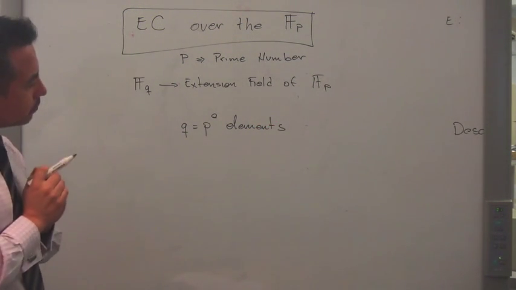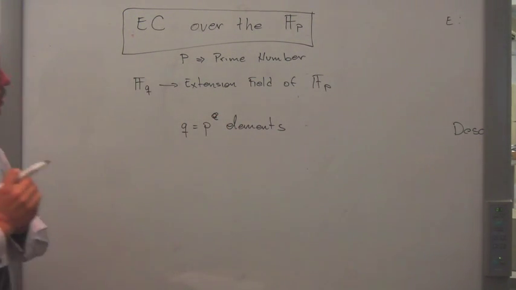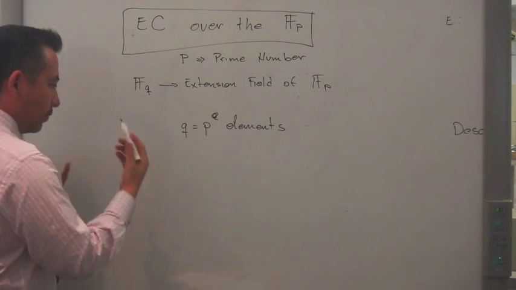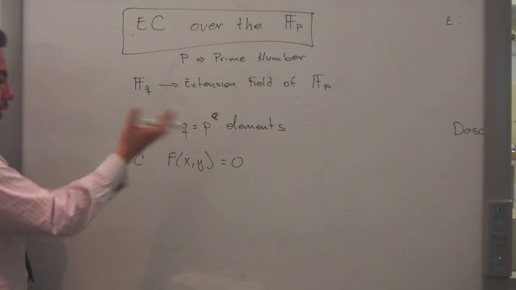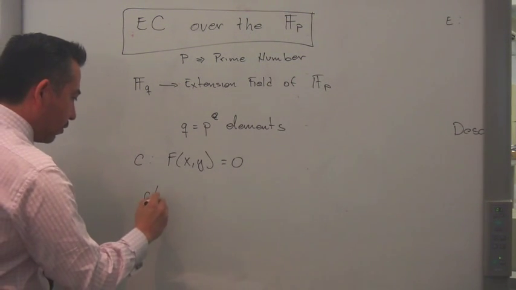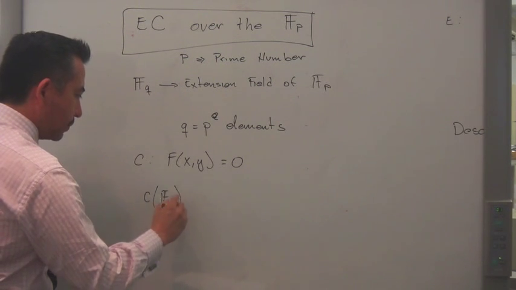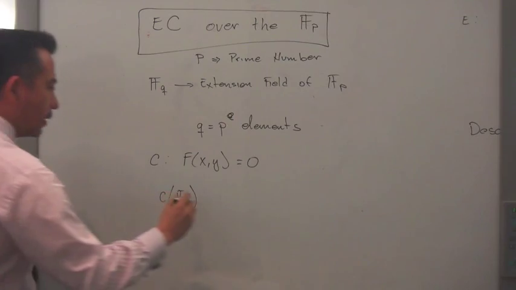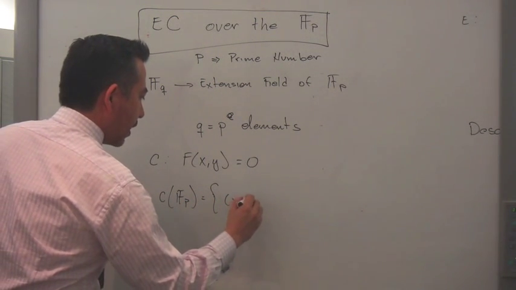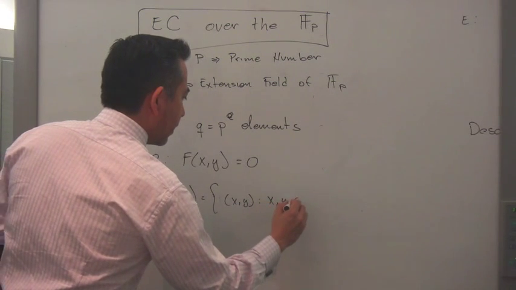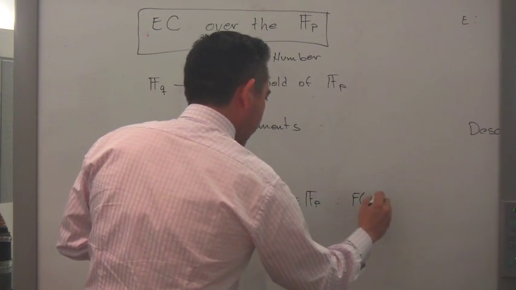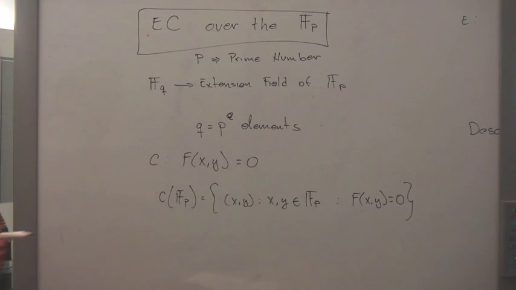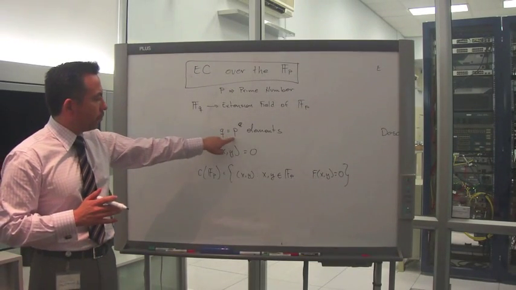What I will find is the set of solutions of the curve, represented by f of x and y equal to 0, which is the cubic curve, our elliptic curve, and we want to find the set of rational points over P. It means that we have x and y, where x and y are elements of the finite field P, with f of x and y equal to 0. Okay? Q is the rational numbers, P is the prime numbers.